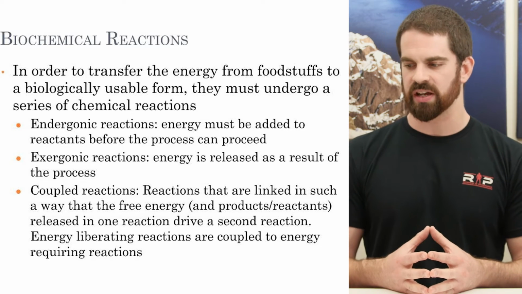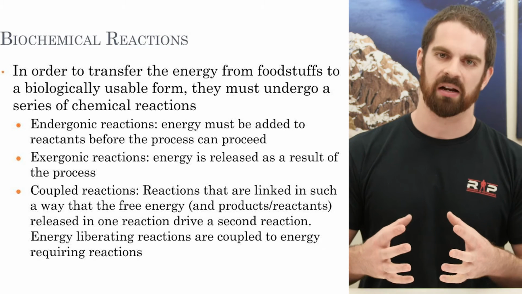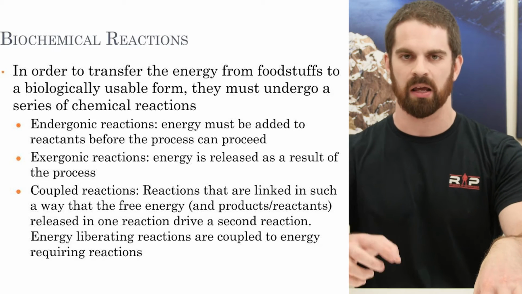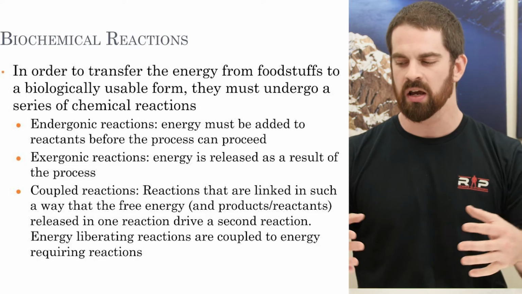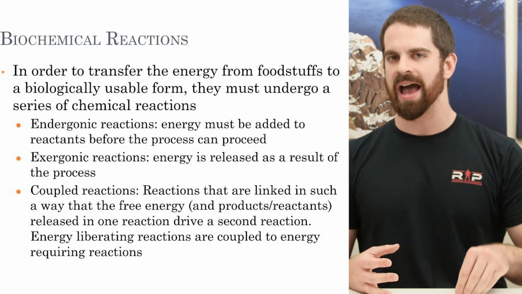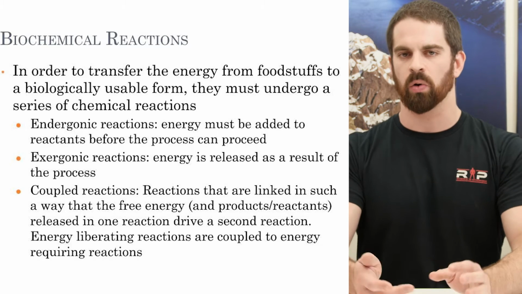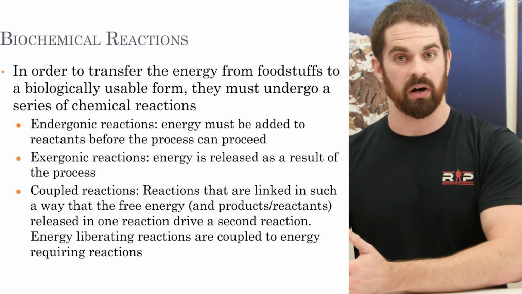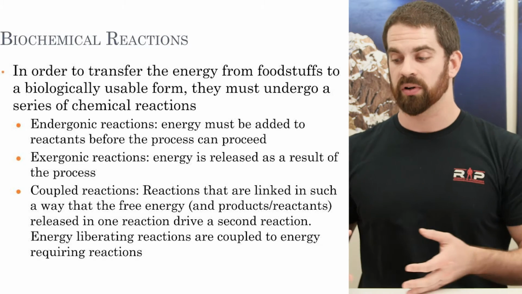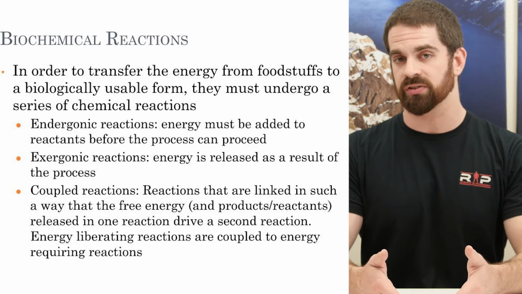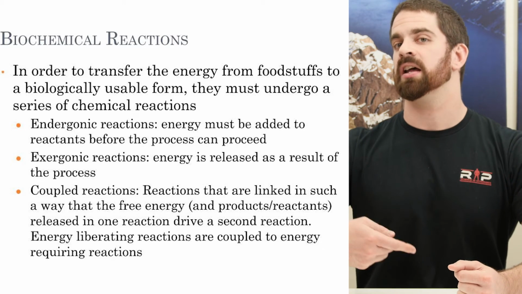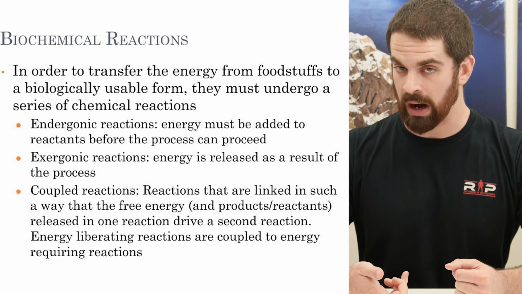And these are reactions that do not necessarily happen spontaneously. I don't add chemical A to chemical B and I get poof, chemical C. These are examples where I must add energy into this system of these two reactants in order to get the products that I want. And the products can be any number of things, right? But in order for this reaction to actually take place, I have to invest energy into the reaction first, right?